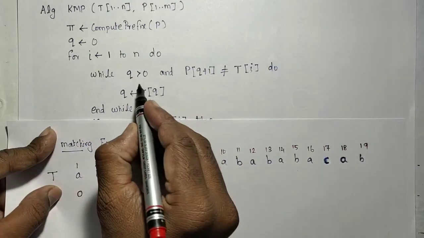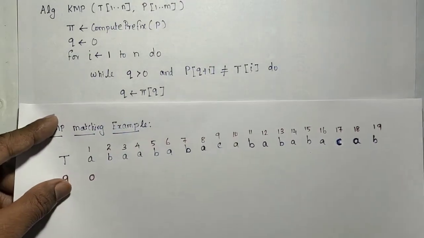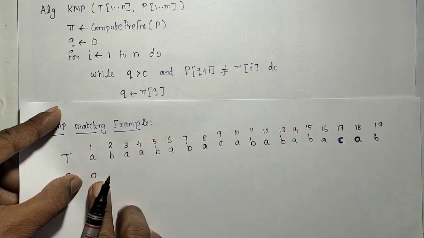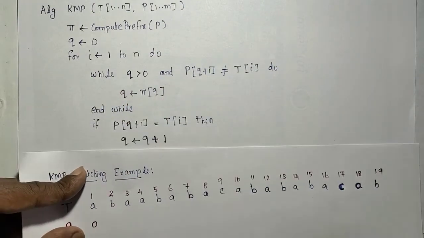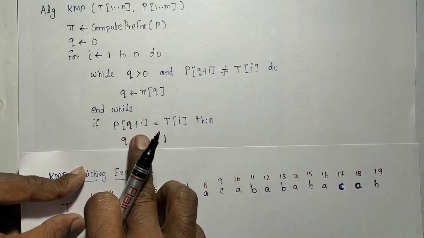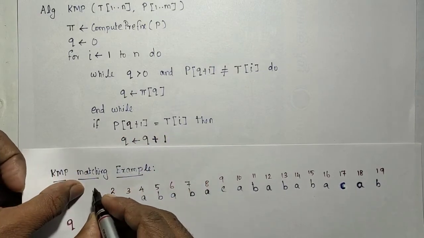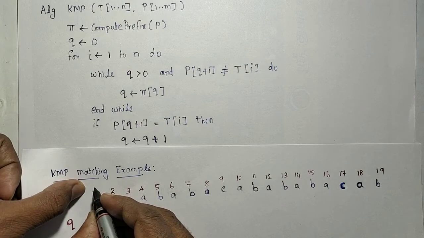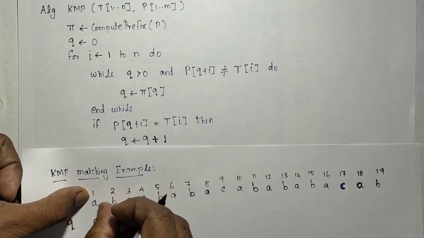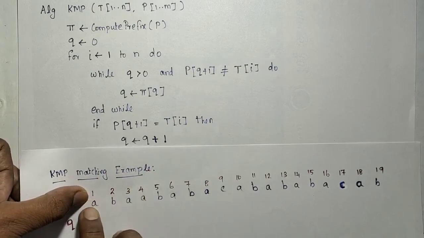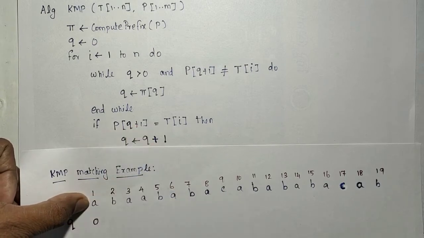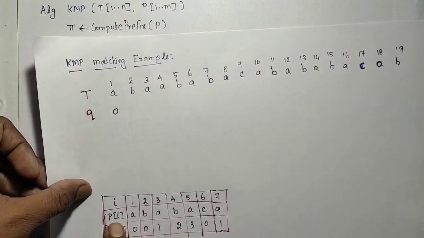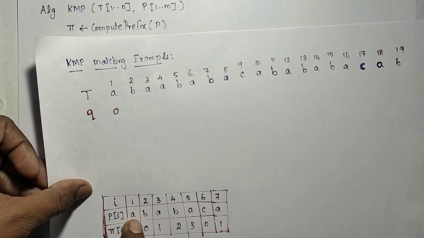But here q equals 0, so this modification will not be done in the first case. Next we check the current ith character, i is now 1. In this current iteration, a matches with p of q plus 1. p of q plus 1 means p of 1. So p is this one, and p of 1 is a.